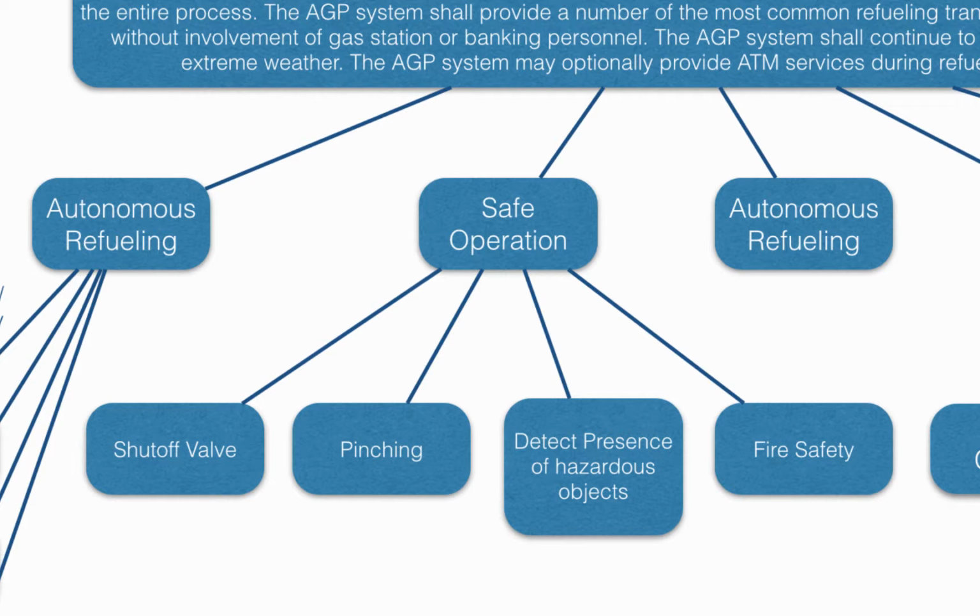What I'm going to do with the safe operation requirement is derive some lower level requirements that help me to define what I mean by safe operation in the context of my system. An example of this would be the inclusion of probabilities for pinching, the ability to detect the presence of moving objects, and so on. With a little bit of thought, you can see how deriving requirements is a little bit more difficult than simple decomposition.